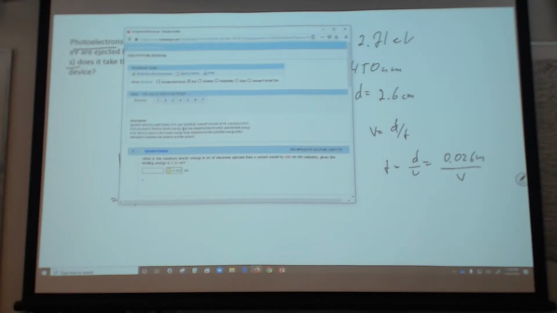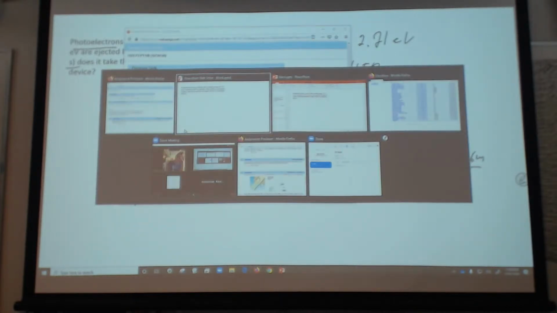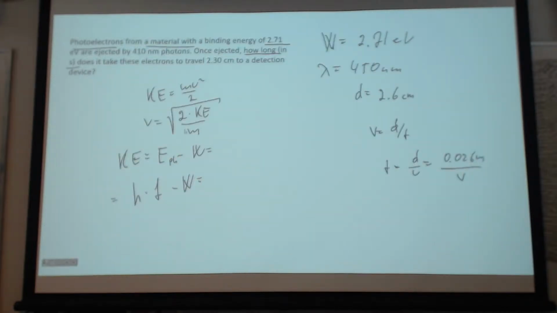Okay, to use this for problem 4, we need to use this approximation, 1240 over, because it tells us to do that. So this is how we get the energy. Then that would be 1240 over 450 minus 2.71. That will be in electron volts.